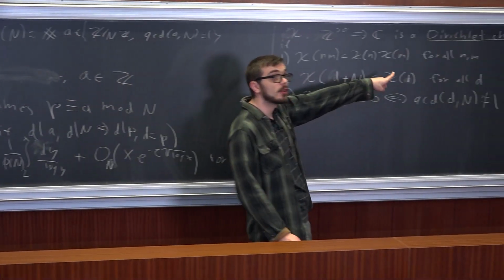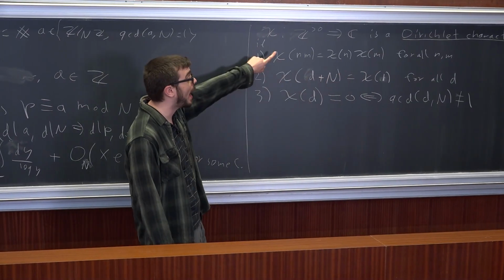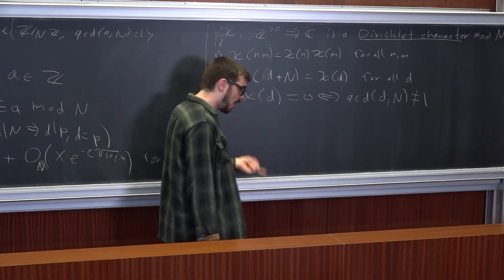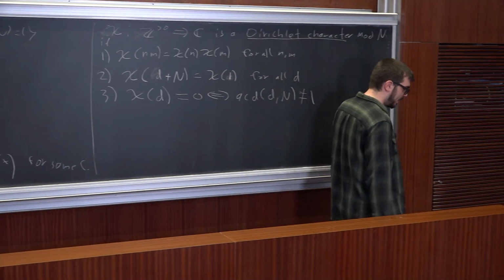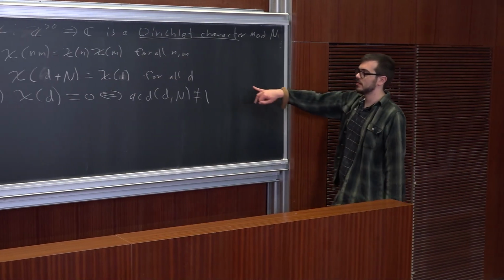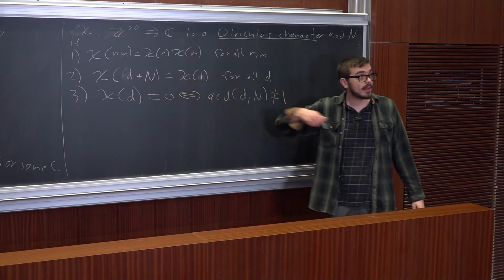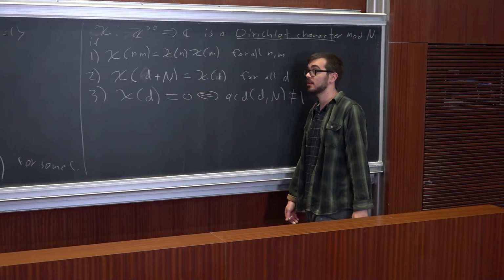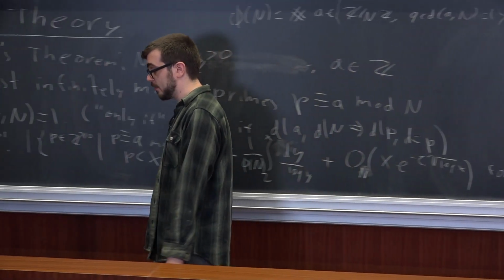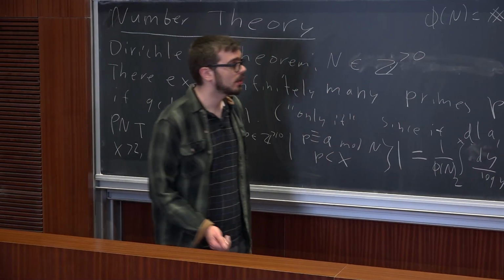Their first property is multiplicativity, showing they're compatible with multiplication of natural numbers. And the second property is periodicity. That they're periodic with period n makes them very compatible with addition of natural numbers. And then the third property is some kind of normalization.